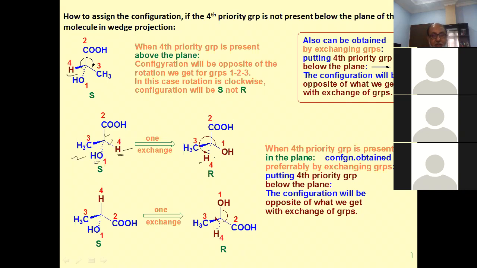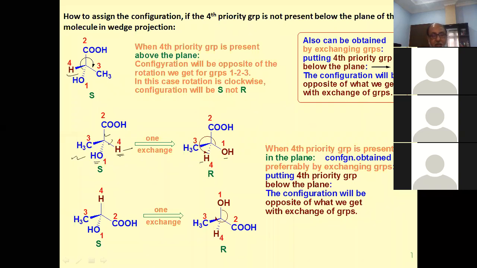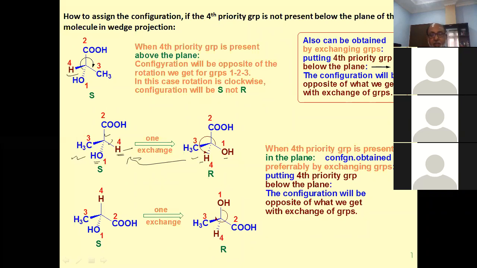You are bringing it here, OH is here. But that means whatever configuration you get, the actual one will be opposite of that, because you have made one exchange, right?